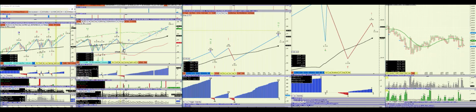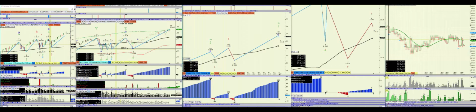Okay. First thing to note is this is in a pullback position, meaning it has a rally and a pullback. The rally has more price and volume than the pullback.